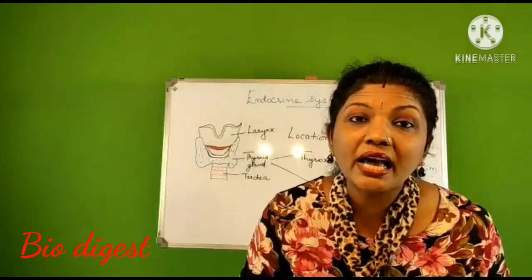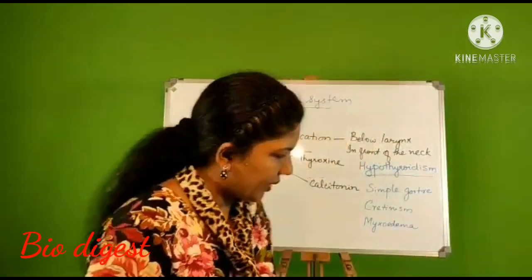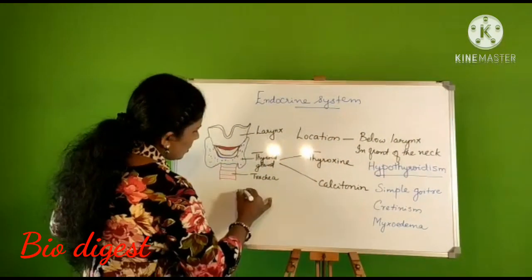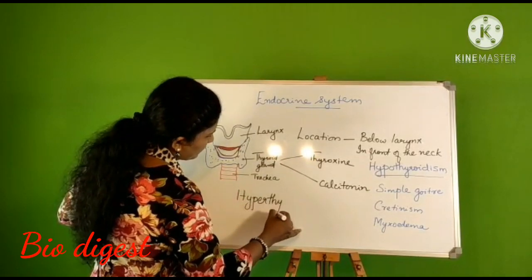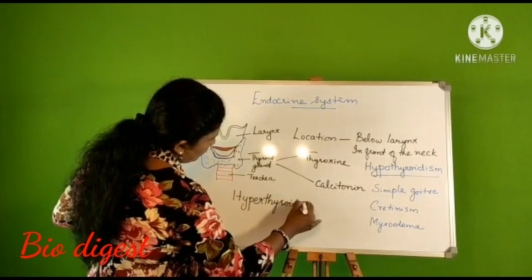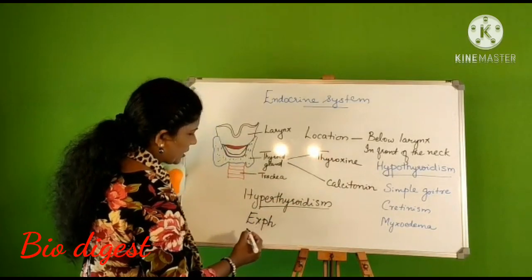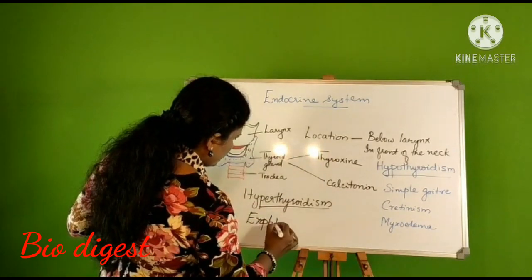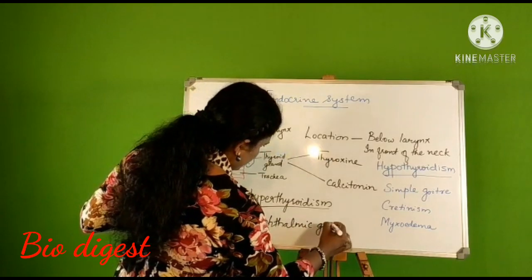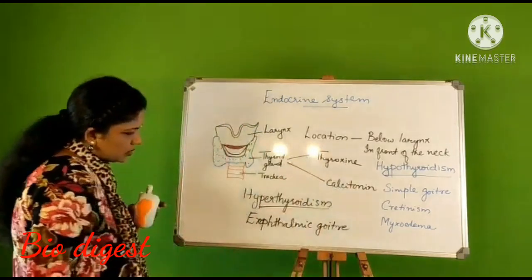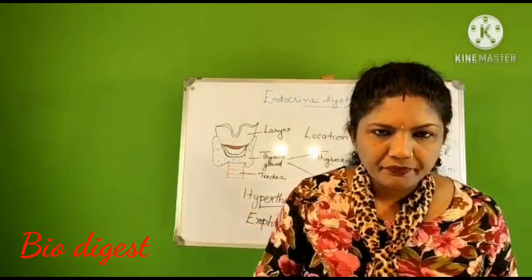Now moving to hyperthyroidism. What is the meaning of hyperthyroidism? That means over secretion of thyroxine hormone causes exophthalmic goitre. What are the symptoms of exophthalmic goitre?